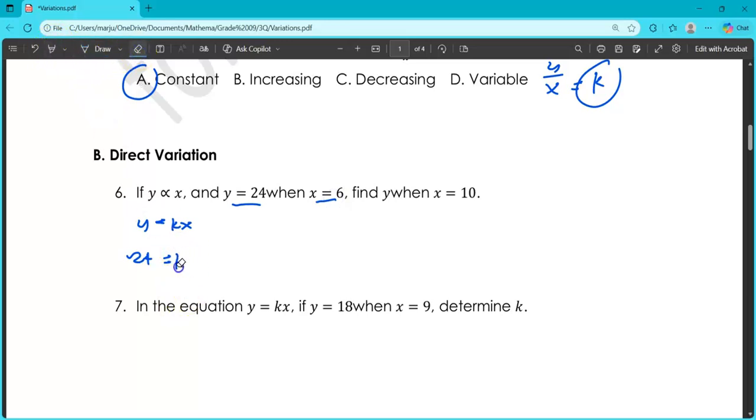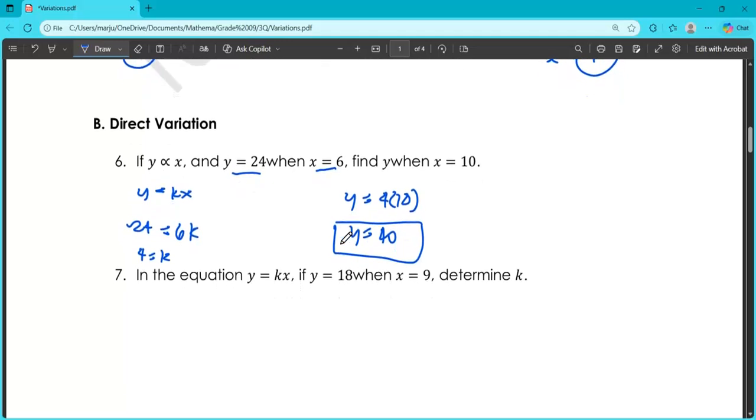Let me just write 6k. So my k here is what? 4, right? So my constant is 4. So I'm going to find y when x is 10. So y equals, my k is 4. So 4 times 10, that gives me 40. So meaning to say, if x is 10, my y is actually 40.